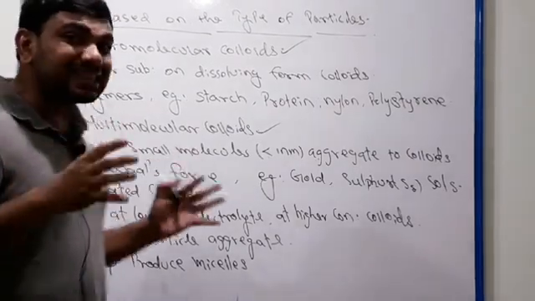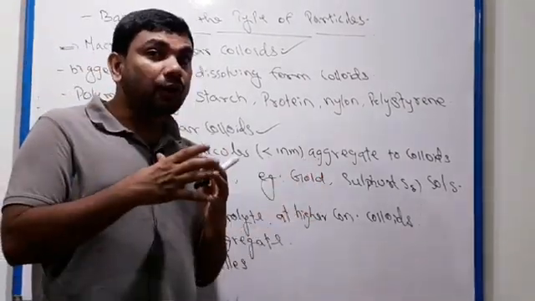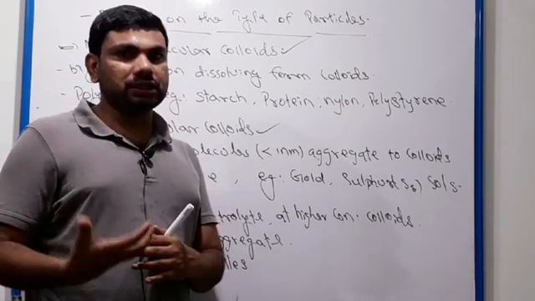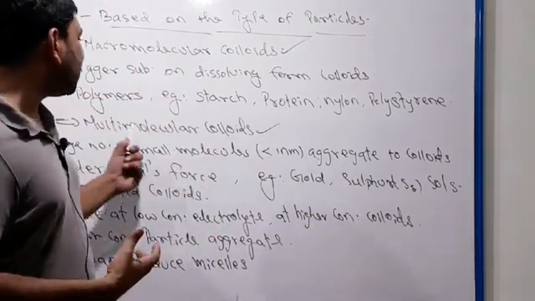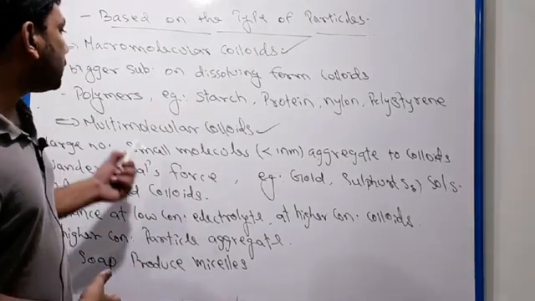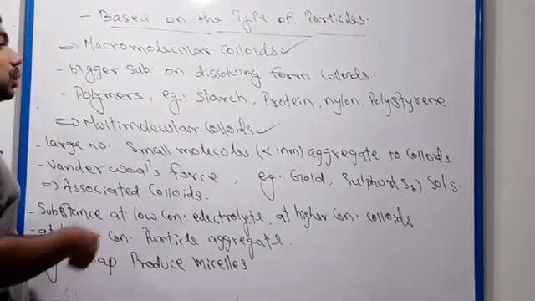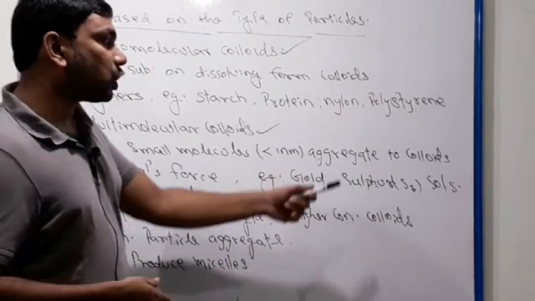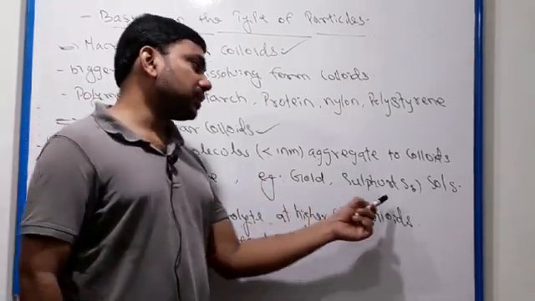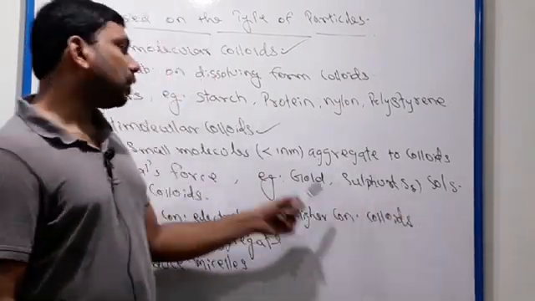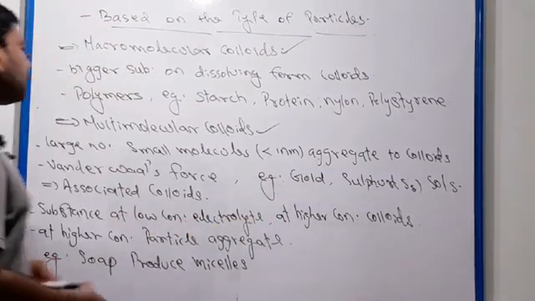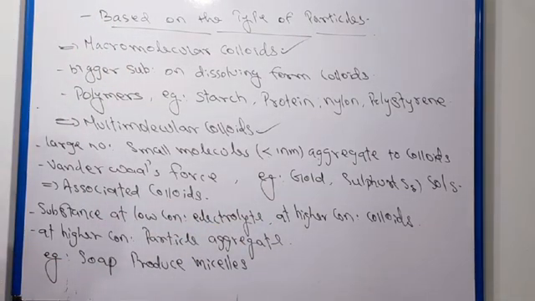But these very small particles join to form colloidal sized particles. That is multimolecular colloid. Examples: gold sol, sulfur sol. Here sulfur sol, S8, and gold sol are examples of multimolecular colloid.